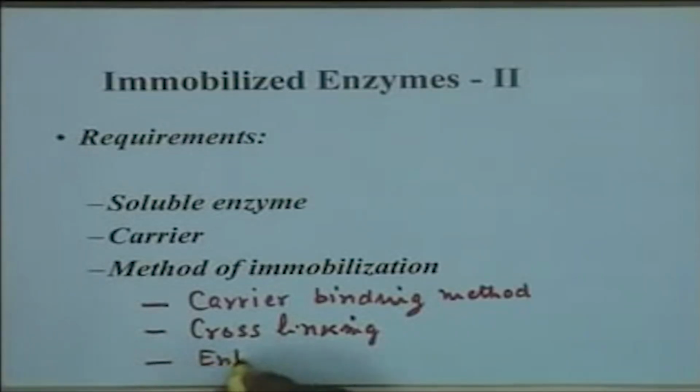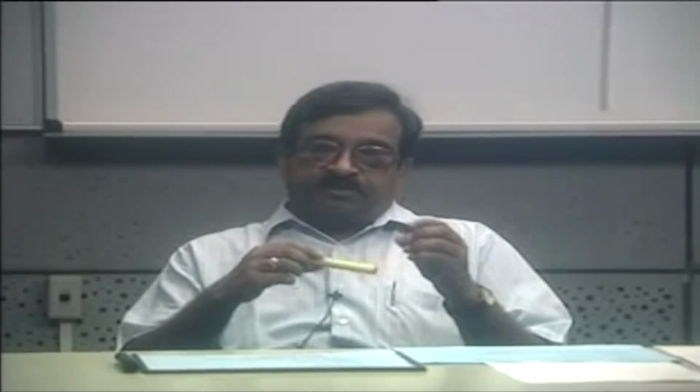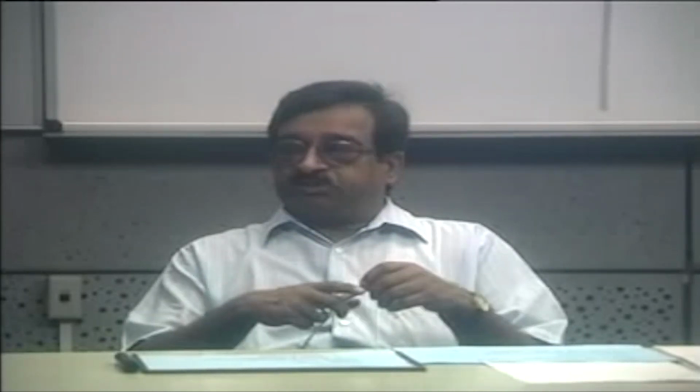The third type of methods are entrapment methods, where the enzyme is entrapped within a matrix. It could be a gel, it could be a microcapsule, and thereby you could provide them an environment which is contained, which is very analogous to a living cell, and then use them as an immobilized preparation.